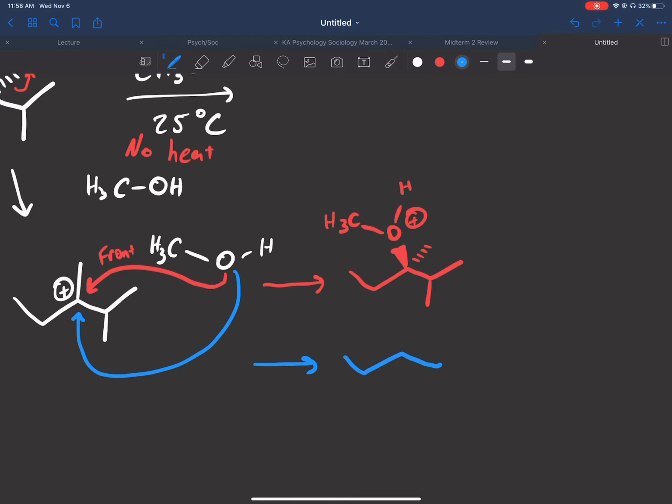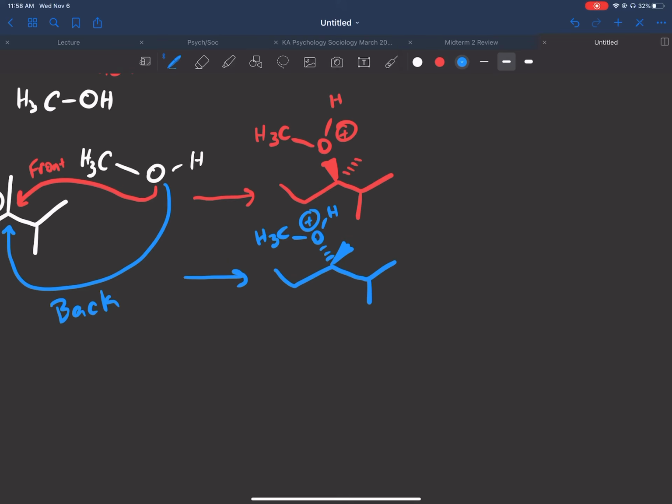And the other possibility, I should have written back. The other possibility is now this is going to be dashed. Again, plus charge. And the methyl will be wedged.